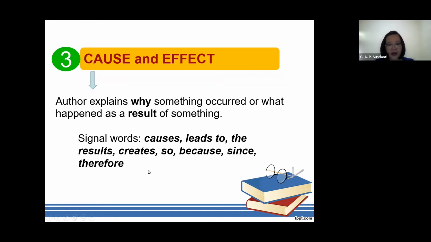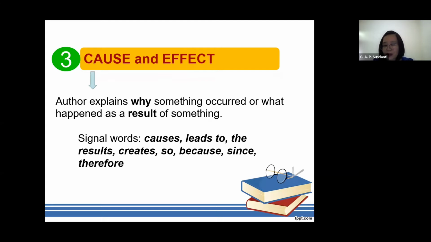We have cause and effect. So when we have a cause, there must be an effect. Cause is why something occurred or why something happened, while the effect is the result of something, the result of the cause.